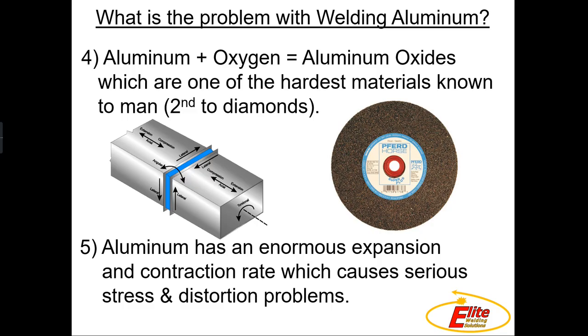Aluminum expands and contracts. This isn't really a problem of the reprocess welder or the welder, but it is a problem of the process, I should say the sequence of the welding. It's very important that we sequence welding a certain way so we understand when we're welding something out of aluminum, what direction it's going to move as we start to work our way through the welds that have to get done.